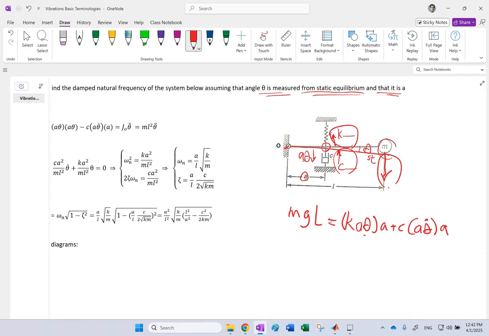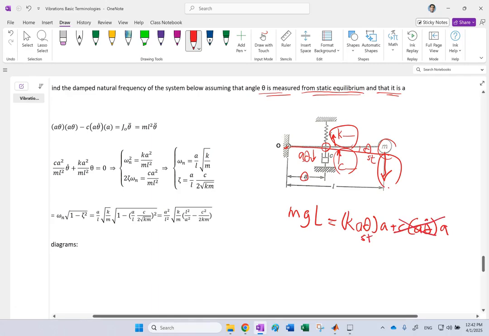Okay, and this is theta static. Now when it's in a static scenario, the damper will show no force because it's a constant theta. There will be no theta dot.